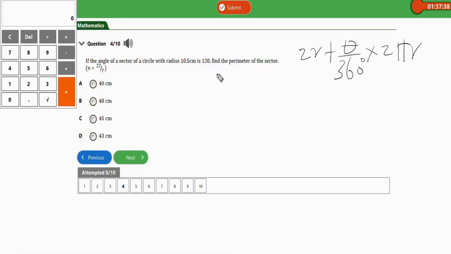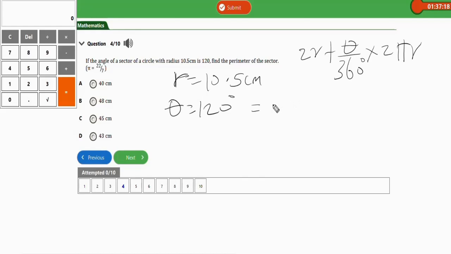In the question we have the radius to be 10.5 cm and the angle theta to be 120 degrees. So let's plug these values into this formula.